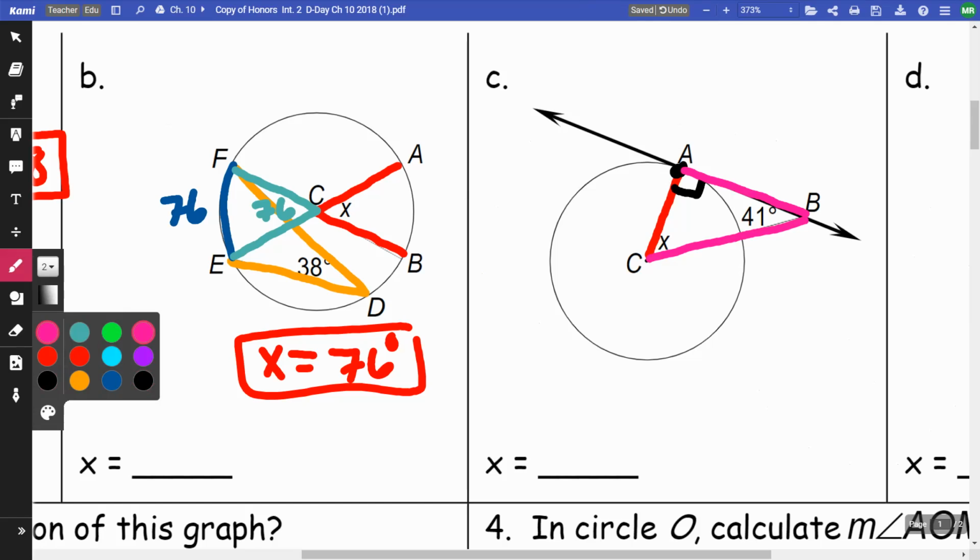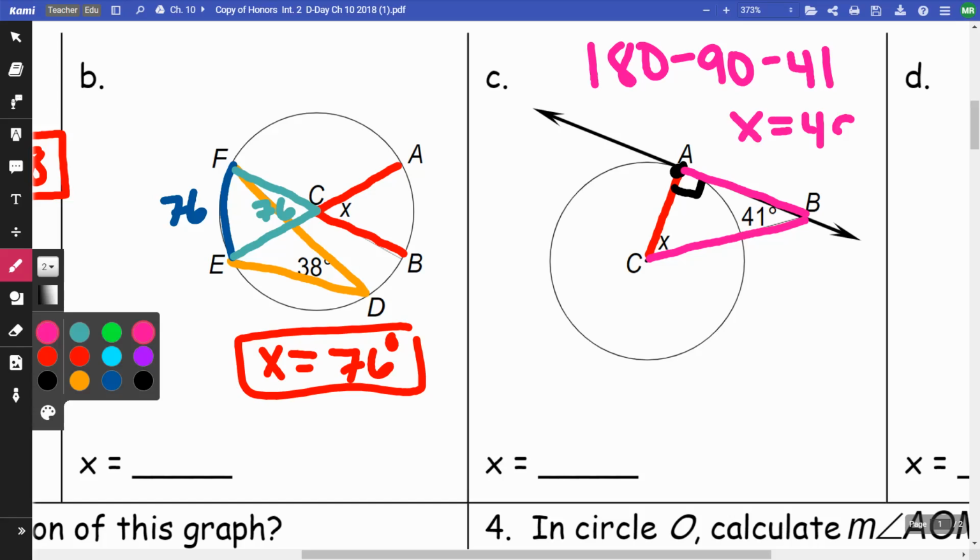We know we have a 41 degrees and a 90 degrees. So I'm basically going to take 180 minus 90 minus 41, and that's going to be my x. And really, I would just do 90 minus 41 because I already know 90 is gone because of the right angle. And we end up with our x is equal to 49 degrees.